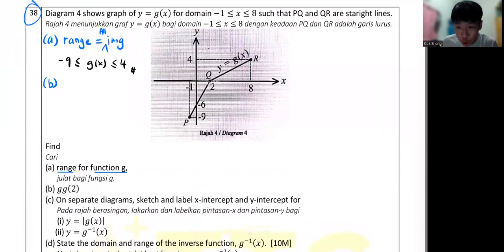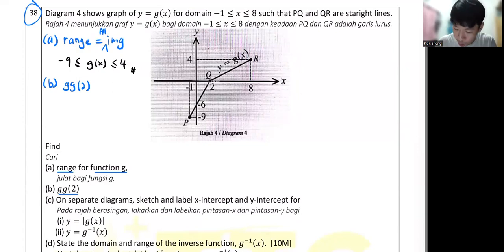B is asking for gg(2). So back to the same thing, but this time refer to the graph. The 2 is the object for gg, but same issue, you have no gg here. You only got g(x), function g only.